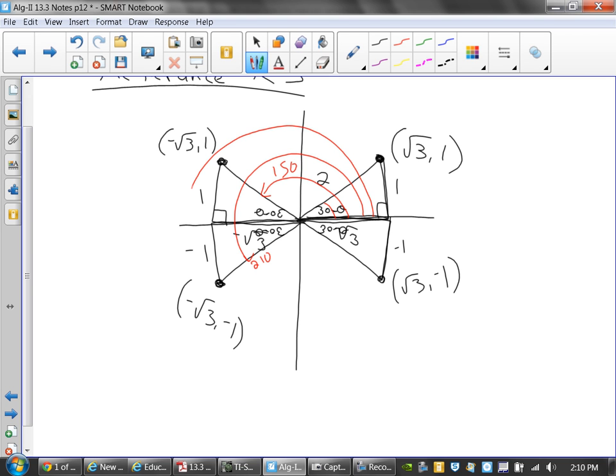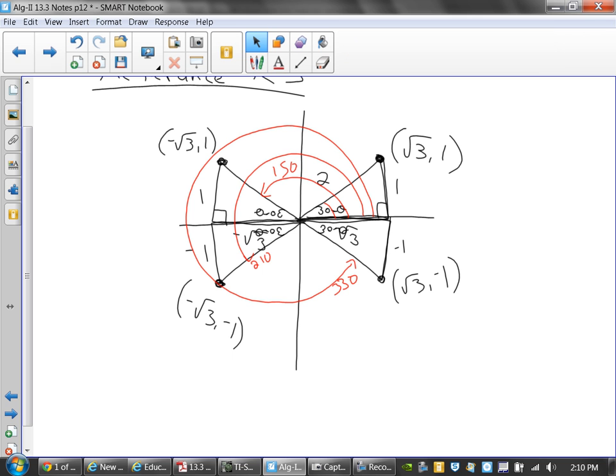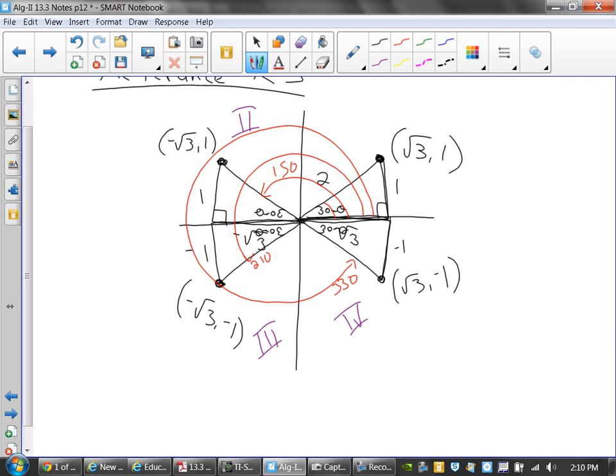And this angle is 330. What we've shown here is that 30 degrees in quadrant 2, quadrant 3, and quadrant 4 is the reference angle for 150, 210, and 330.